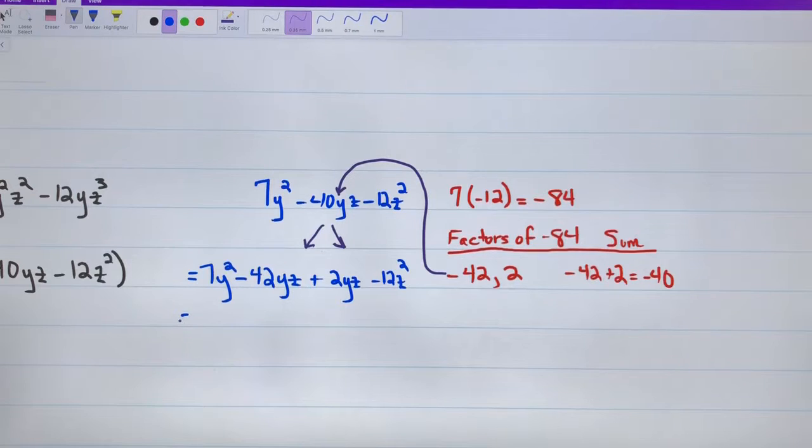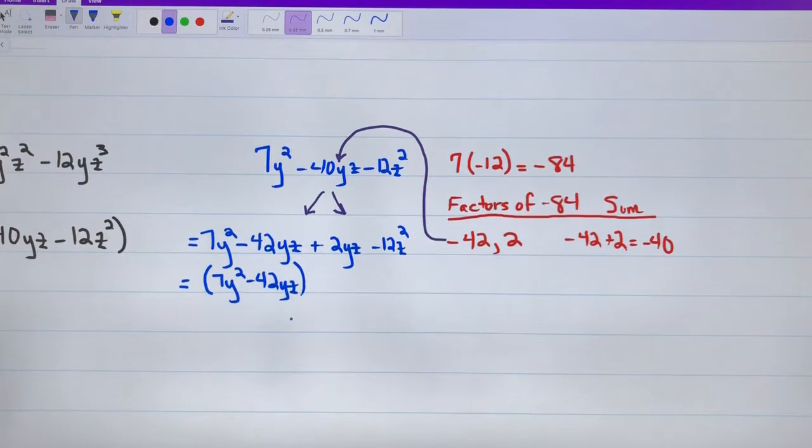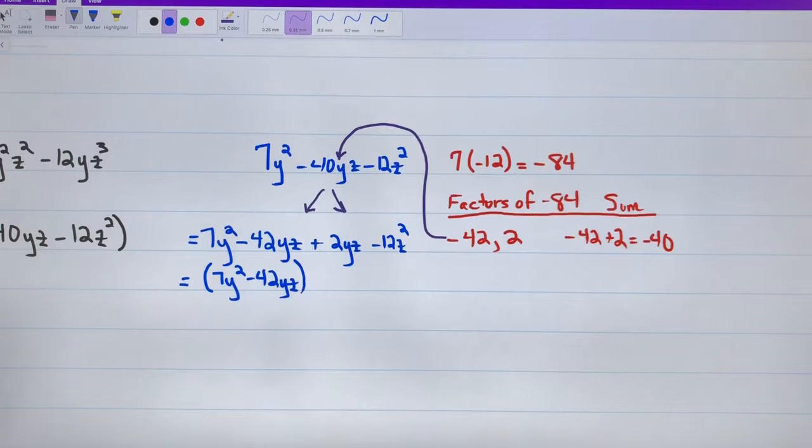Crossing over to factoring by grouping, the first pair is 7y squared minus 42yz, and for the middle operation we have addition, so we have the quantity of 2yz minus 12z squared.